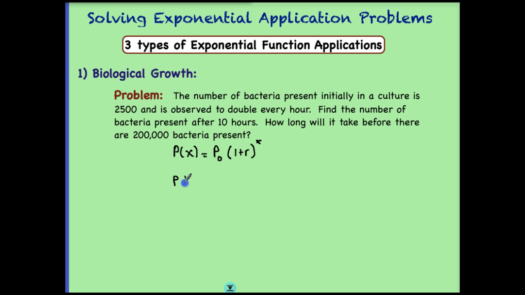This then makes our equation, P sub x is equal to our initial population, which is 2,500, times 1 plus our rate, which we said is 100%, or 1, raised to the x power.